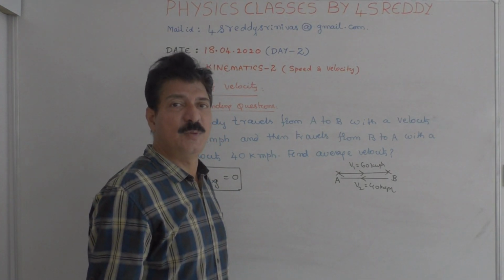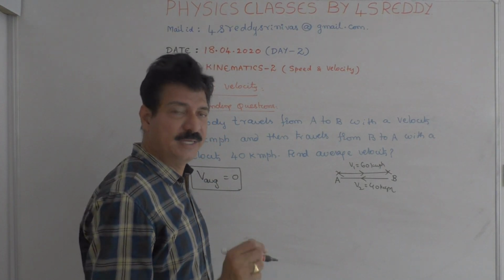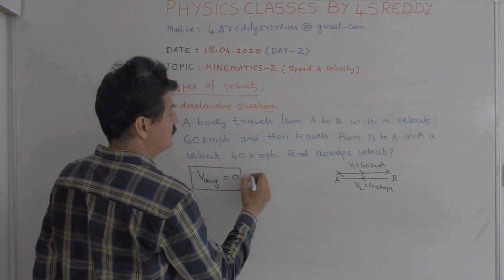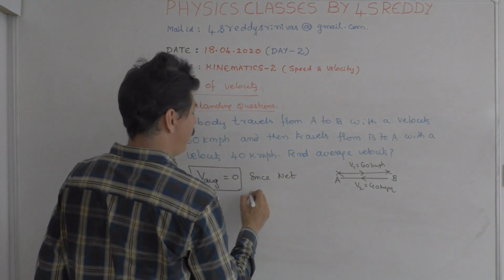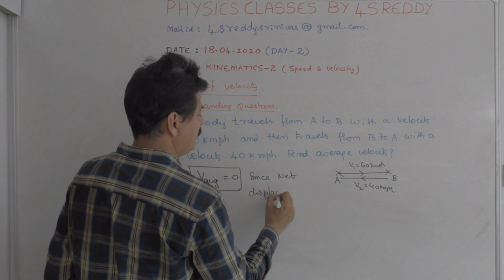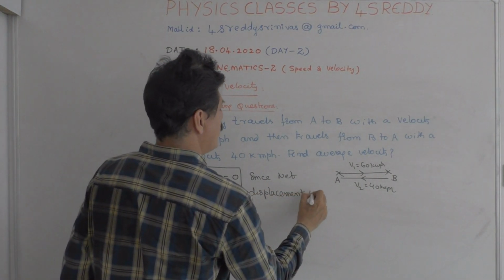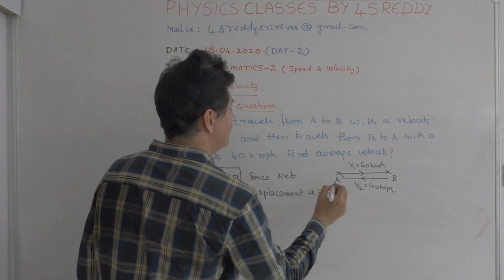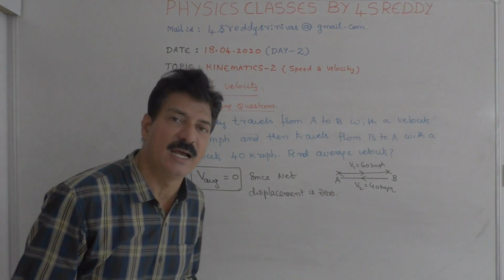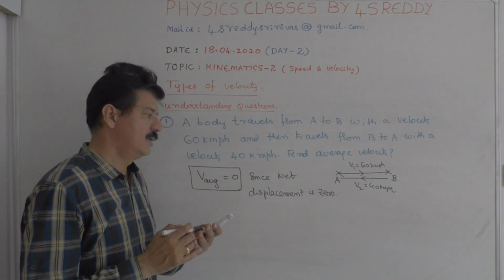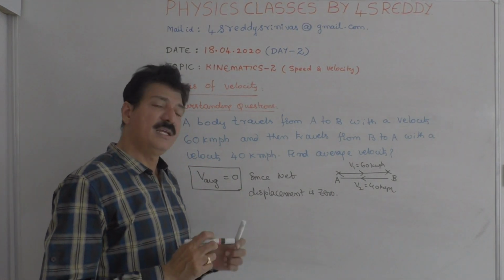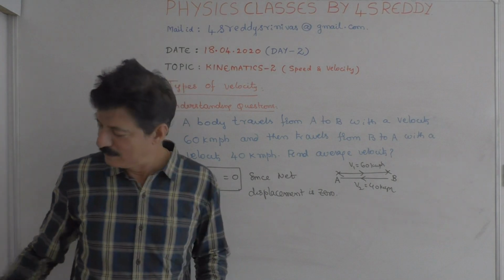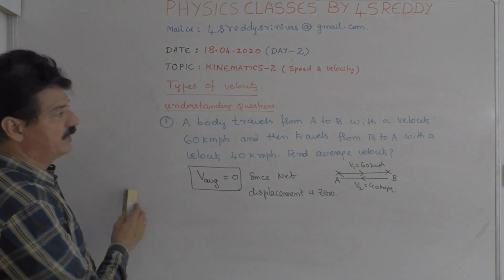Hence, since the displacement is 0, average velocity should be 0. As long as there is a net displacement, only then can we have an average velocity.